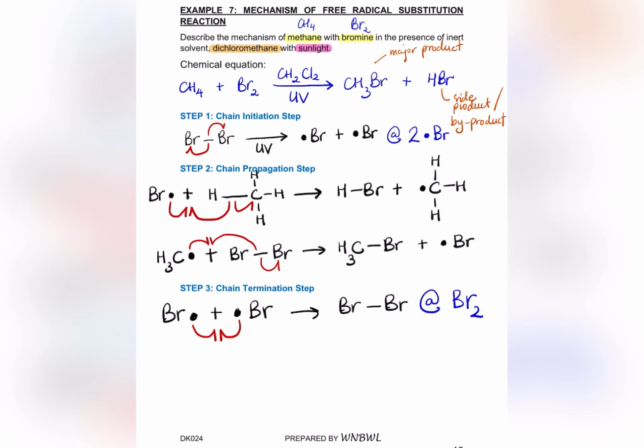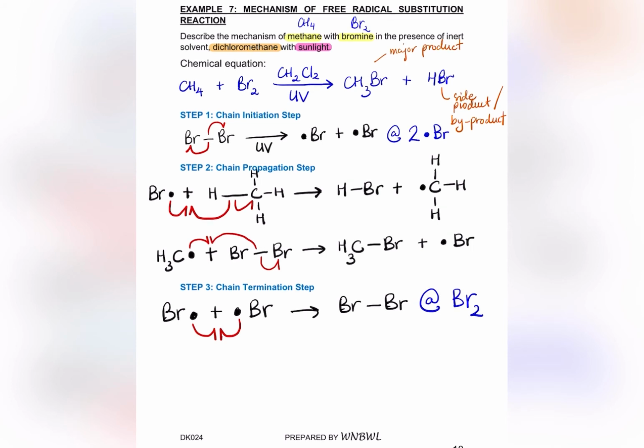Next one, you've got methyl radical, either in this form where you show the bonds between 3 hydrogen atoms, or you can make it in this form as well to save space. I'm going to use whichever I'm comfortable with, so I'm going to take the simplest one.